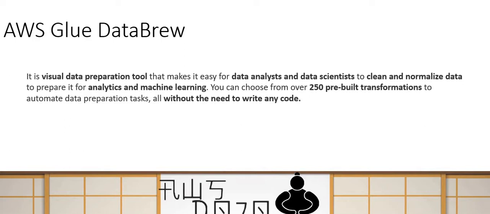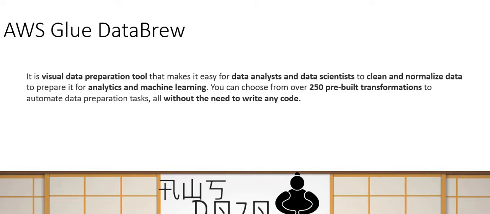And when you are performing transformation on the data, then you use pre-built transformation blocks. You don't have to write any code. So pretty much the bold letters you see here are the core or the key to describe the DataBrew key features. First feature, it is a visual tool.